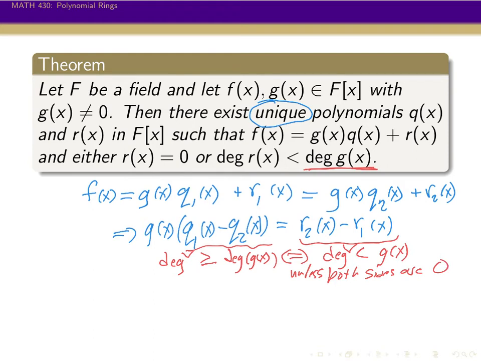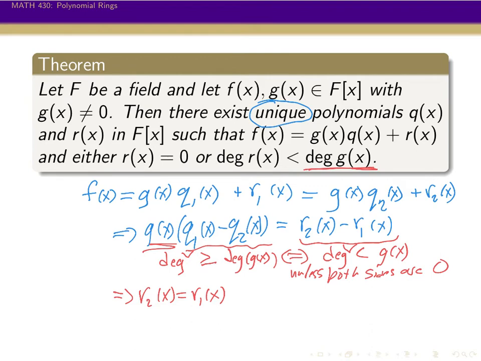And so both sides have to be 0, and so that means that r2 of x equals r1 of x. And then there's the fact that fields are integral domains, with every non-zero element having a multiplicative inverse. And since it's an integral domain, that means that the only way for g of x times q1 of x minus q2 of x to be equal to 0 is if one of the terms is equal to 0.